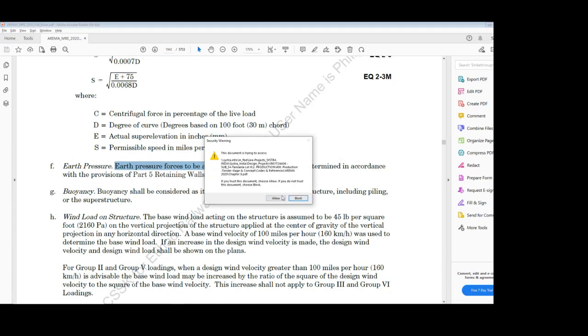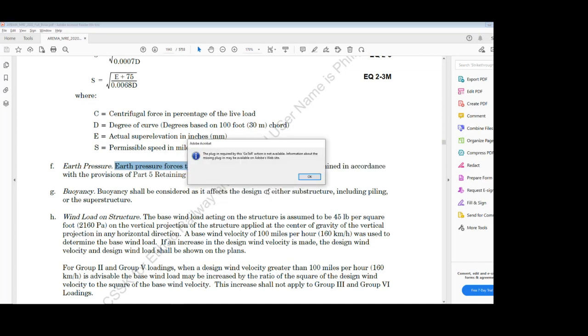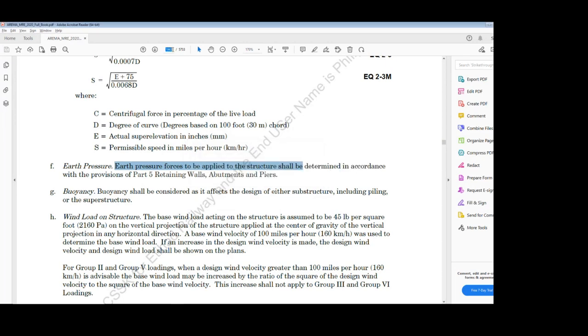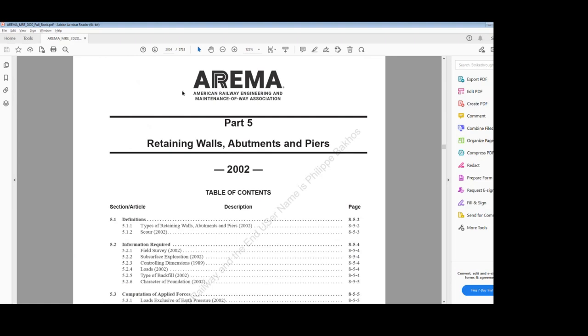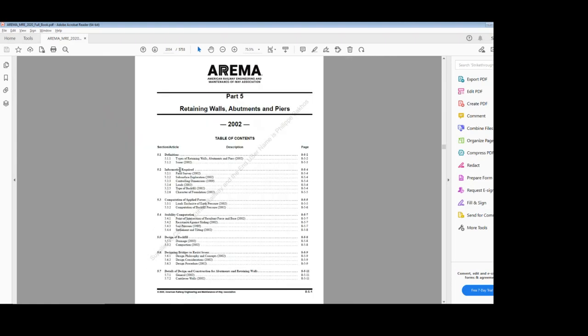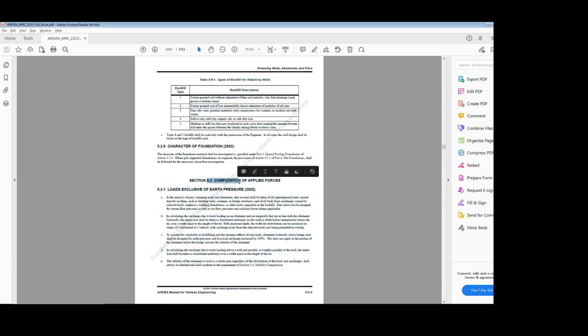In chapter 5, section 5.3, they give clauses regarding computation of applied forces. We have to read all those clauses.